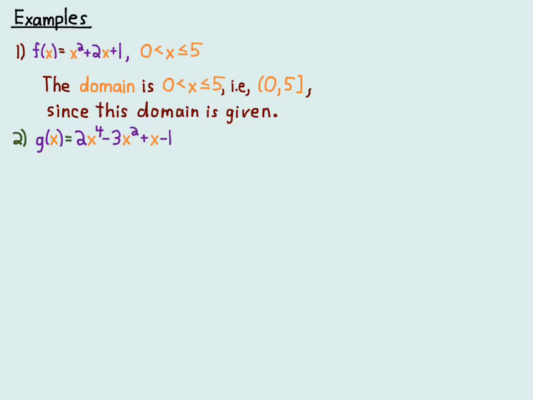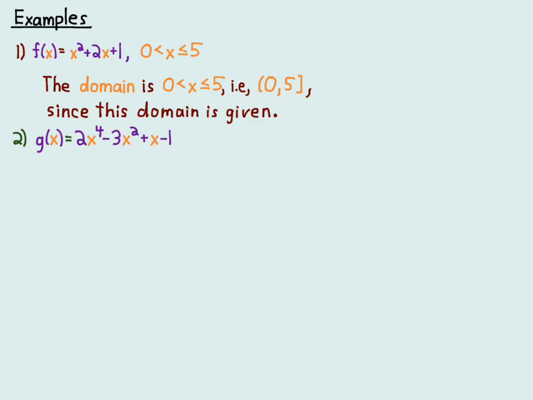Suppose you have g of x equals 2x to the fourth minus 3x squared plus x minus 1. What is the domain? Well, it's a polynomial. And so the domain's not given, so we assume the implied domain, the largest subset of the real numbers that makes sense in the formula, right?